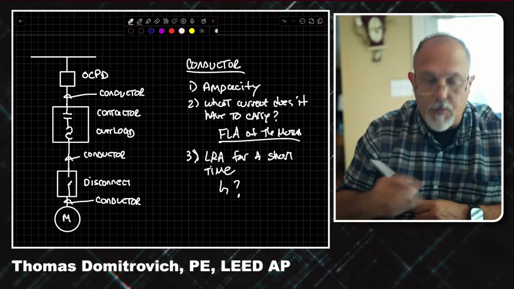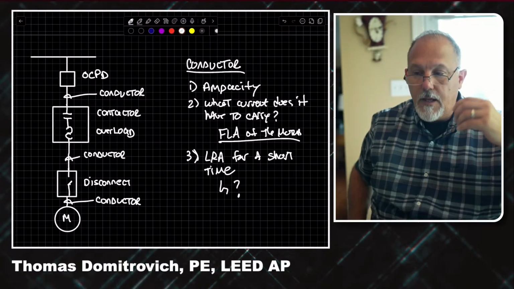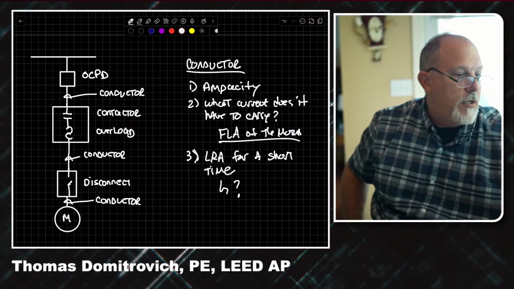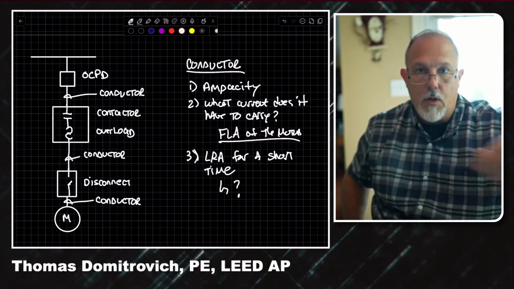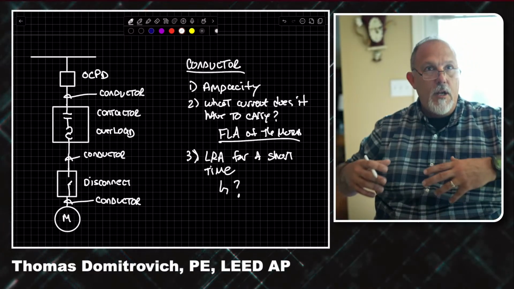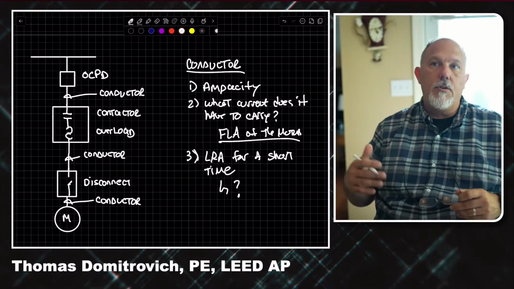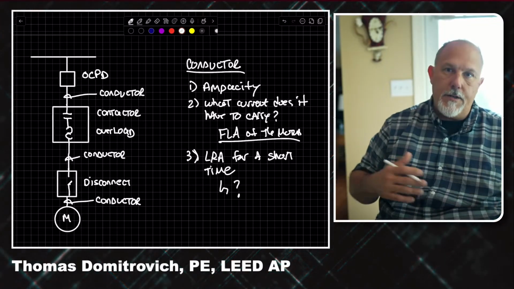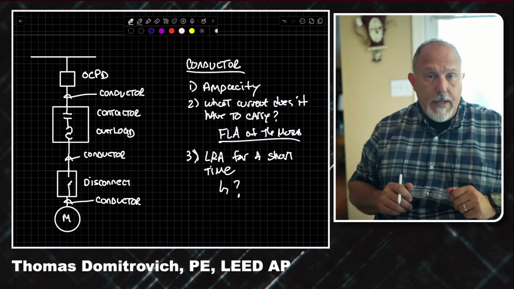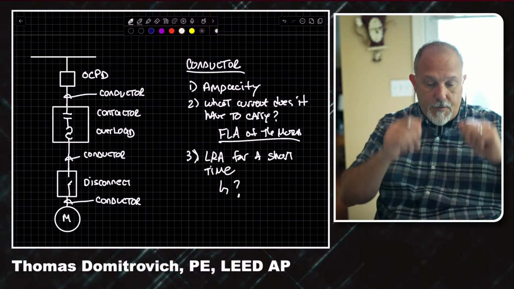And I'm going to put a question mark there because how often I'm going to be required to pull locked rotor amps is going to be dependent upon what it is that I'm driving. If I'm driving a conveyor belt, I may be in locked rotor amps depending upon the starts and stops, all that jazz. All right, so that's sort of the picture for the conductor.